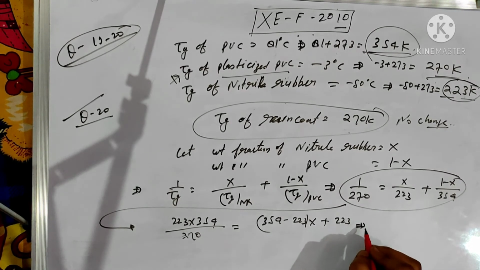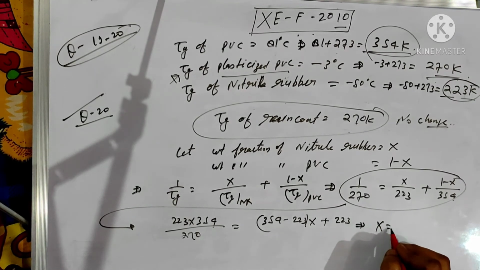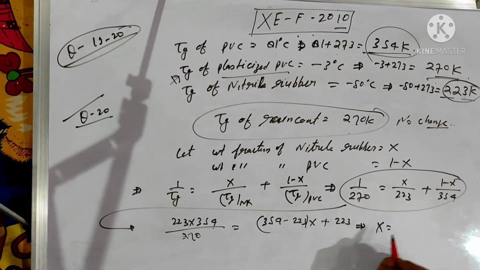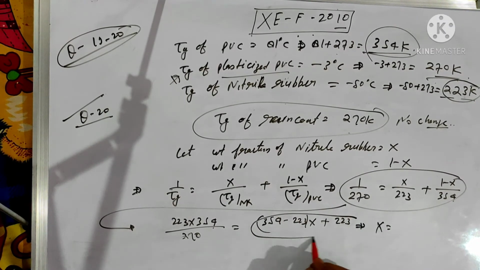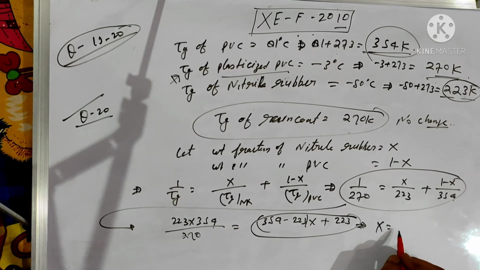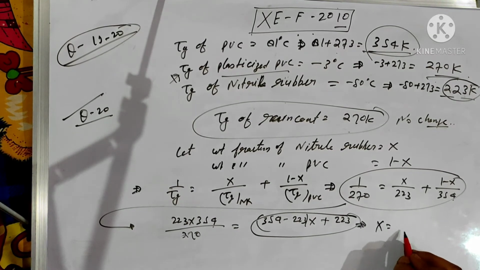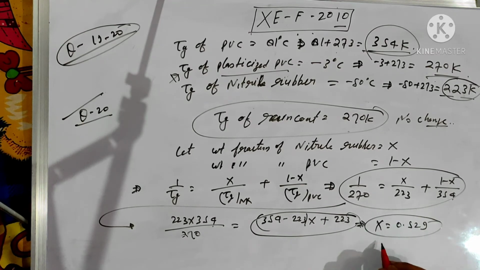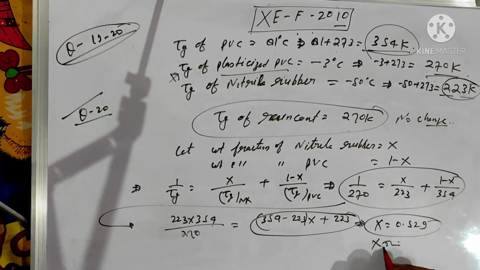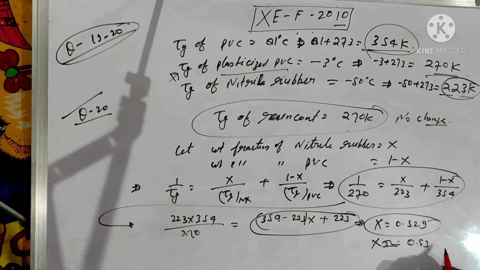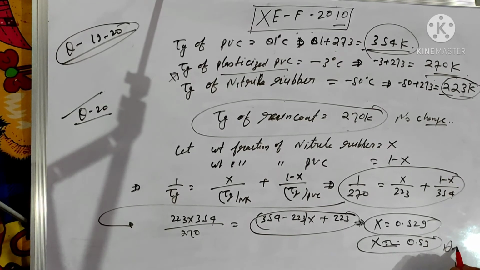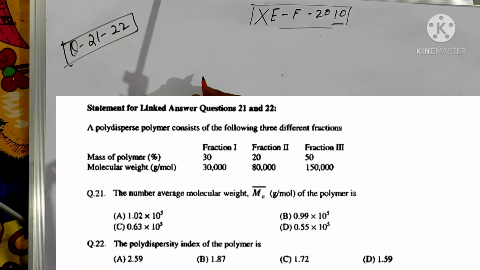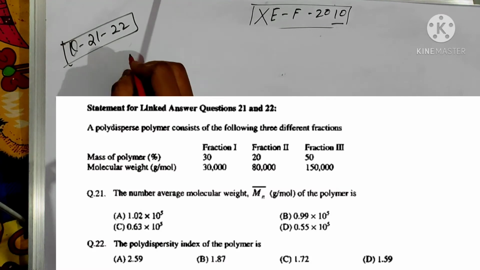Then after calculating, you get X is equal to 0.529. Then X is approximately 53 percent.